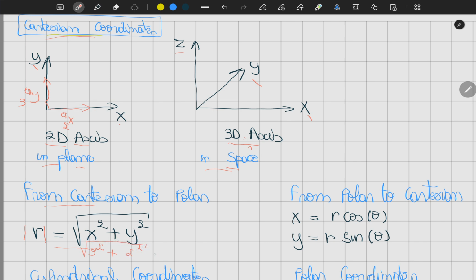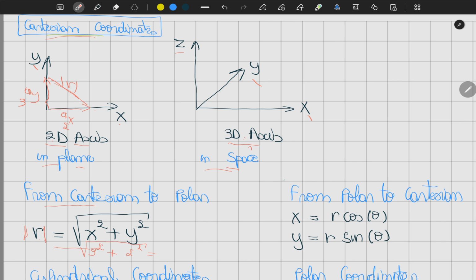So you take their square root. So that will be your resultant. And then the resultant will be the point that we have in between. That's what we call the resultant. And then you take the magnitude.